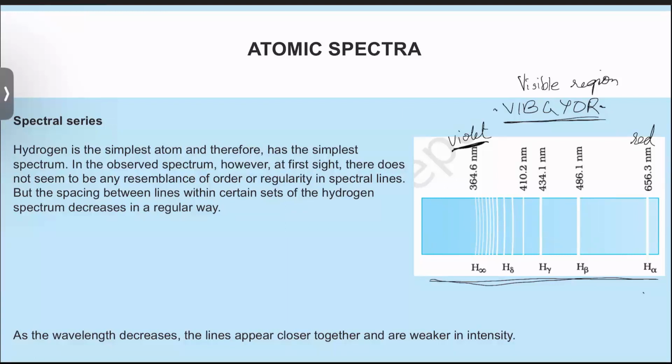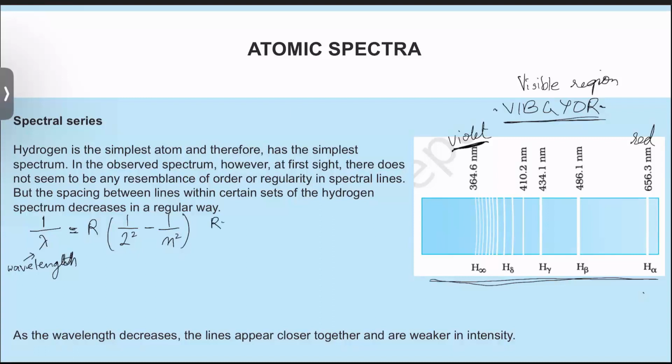So if we see that, then we can mathematically express the dependency of the wavelength with respect to the integral values as 1 upon lambda is equal to R into 1 by 2 square minus 1 by n square. Lambda is your wavelength.